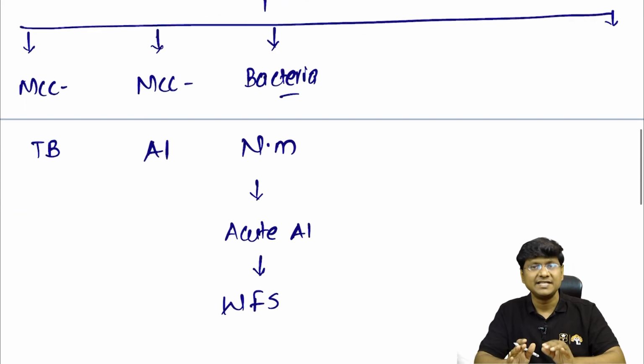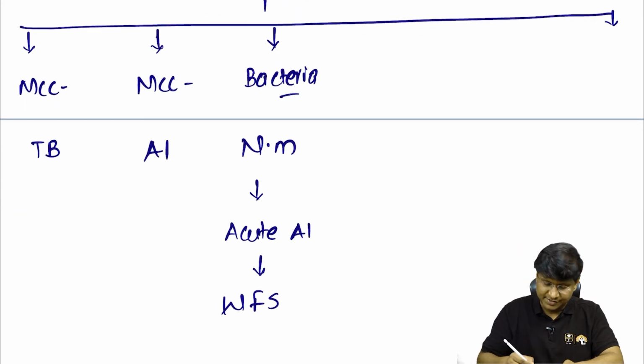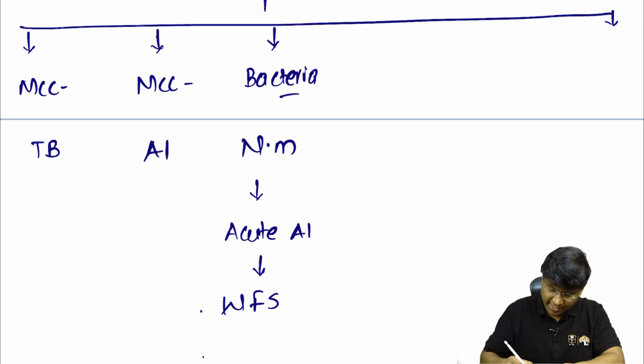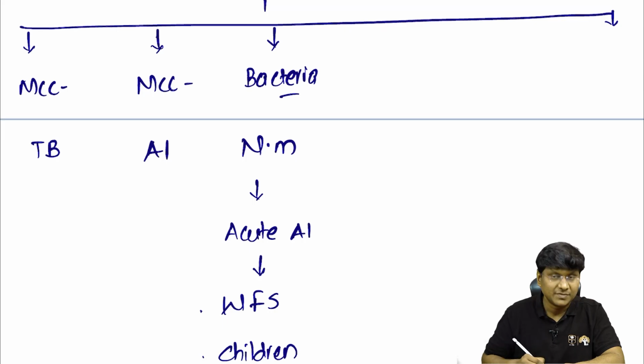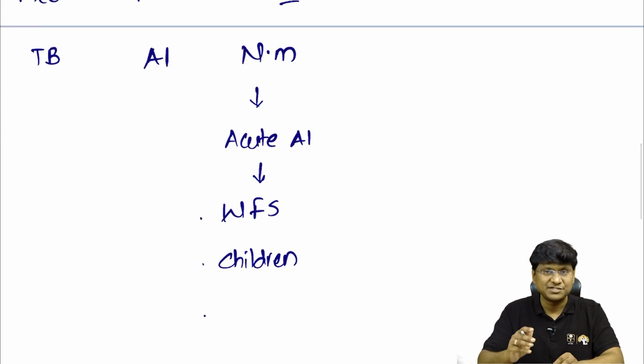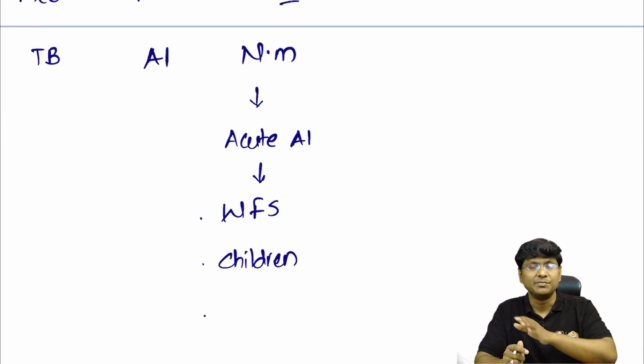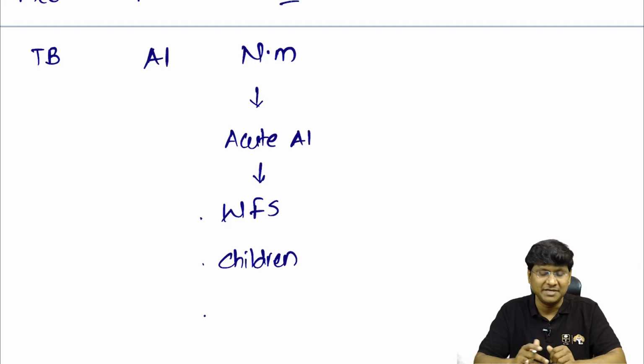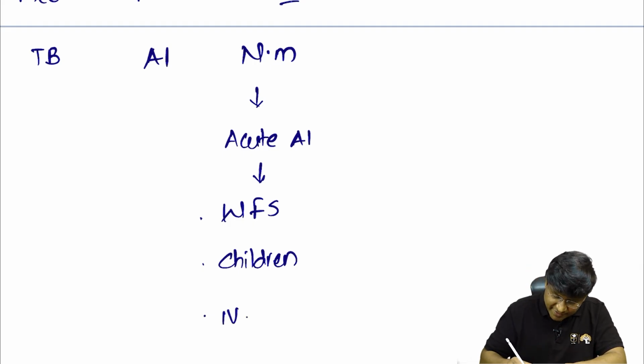And this Neisseria meningitidis causing Waterhouse-Friderichsen syndrome is mainly observed in children as well as the newborn, right? These patients with Waterhouse-Friderichsen syndrome will have acute adrenal insufficiency causing vascular collapse, hypotension, coma and death if you don't treat them immediately. So the drug of choice in these patients is IV hydrocortisone.